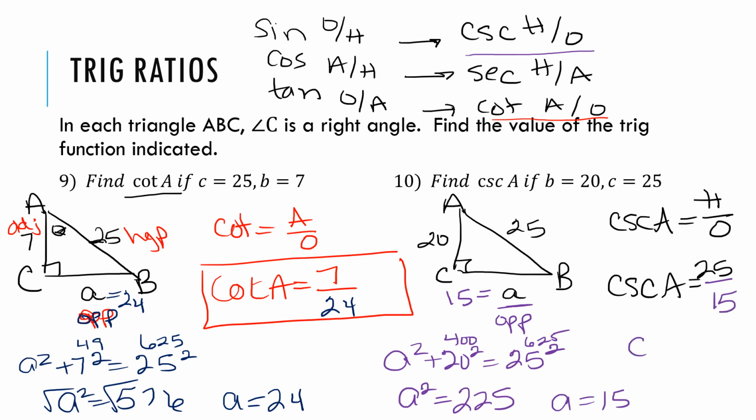And it does simplify, so you should simplify cosecant of angle A by dividing by 5, and you'll get 5 over 3. We've lucked out in both of these first two examples. The Pythagorean theorem gave us exact values. We are going to write down some Pythagorean triples in a few moments as we go through some more of these.